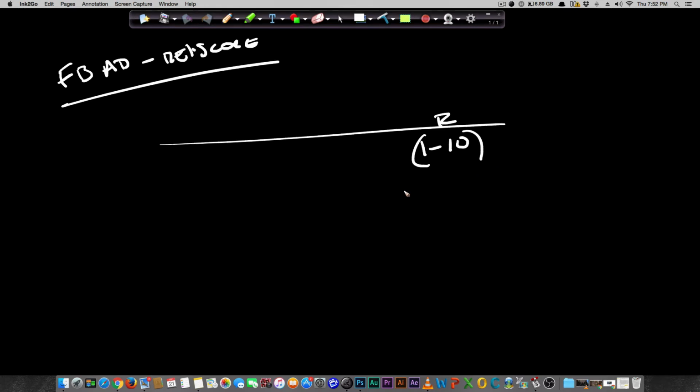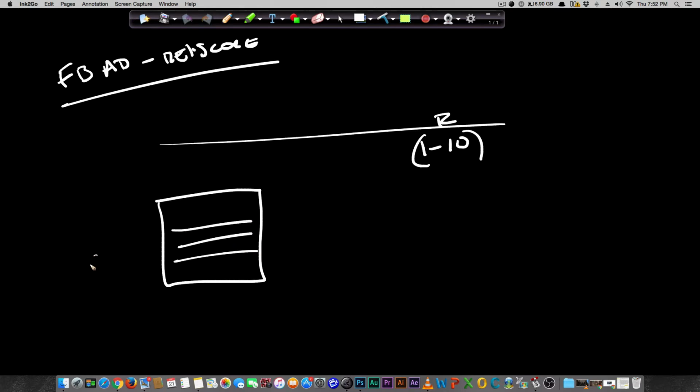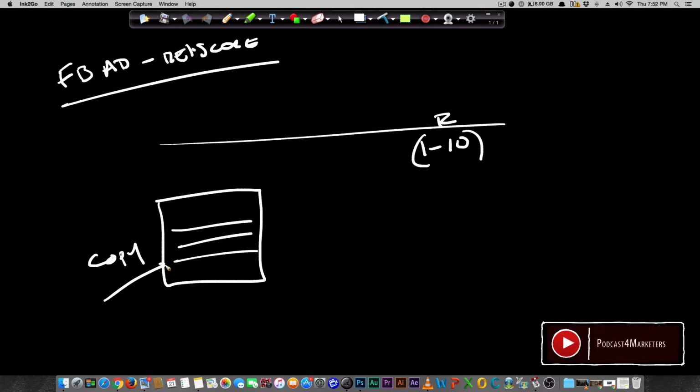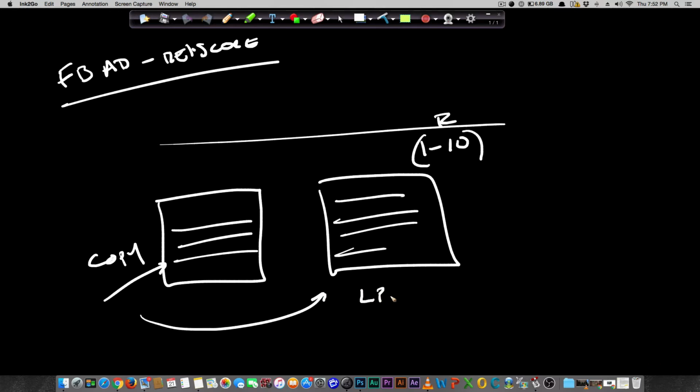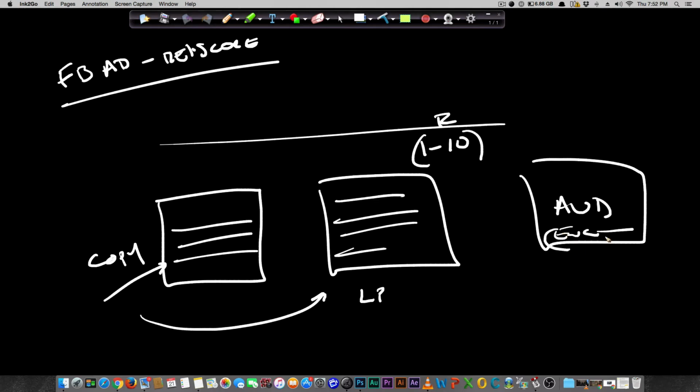They take a look at a couple things, right? Just to loosely put this together, first of all, they look at the copy that's in your ad. They also look at the copy that's in your landing page, all right? And then they look at your audience, and they look and see how engaged they are with that ad.